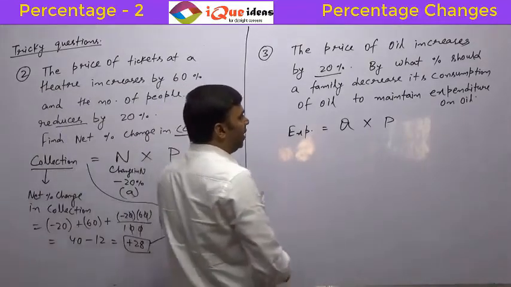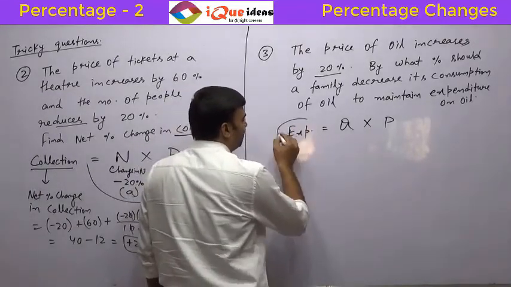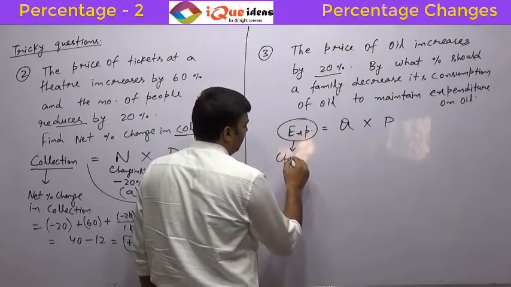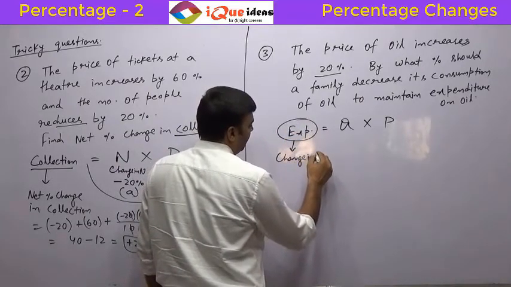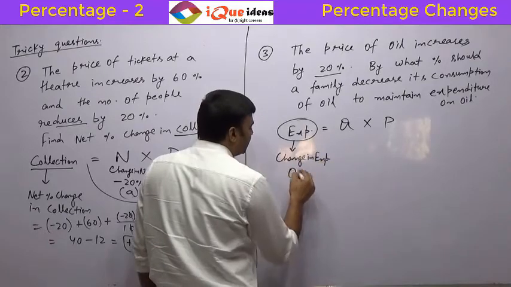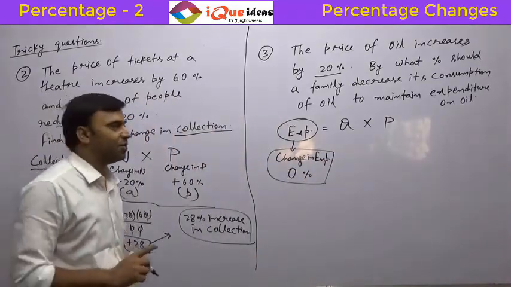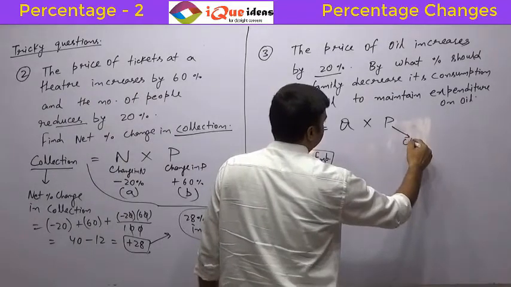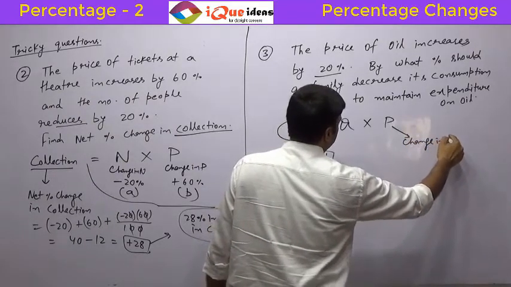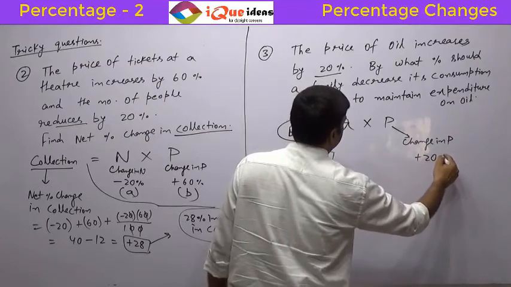Right? Here, we have to maintain the same expenditure. So change in expenditure is 0%. It's already given. Change in expenditure is 0%. The change in price is given as 20% increase, so plus 20.